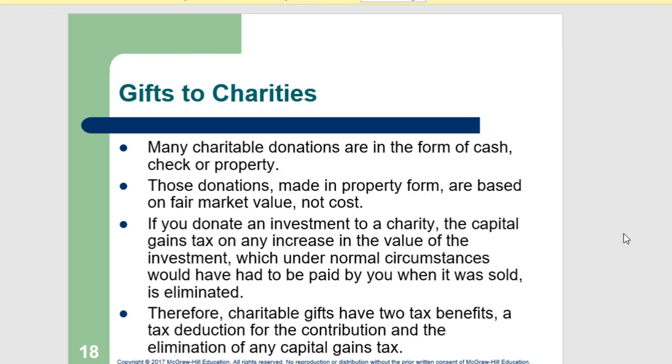Let's say I was going to do a $4,000 gift to my church this year, and I say, oh, I should just give 40 of those big shares that shot up. Either way, $4,000 is leaving my pocket, but now I'm eliminating a bunch of capital gains taxes on something that went up really high. So that's a way to do tax elimination through gifts to charities.